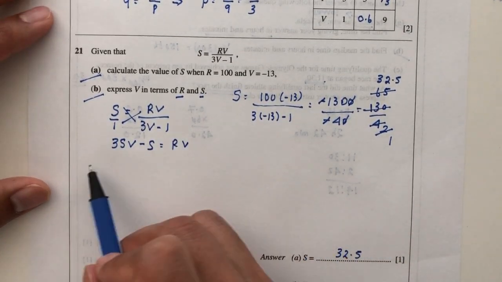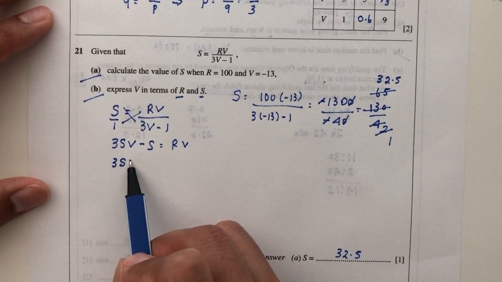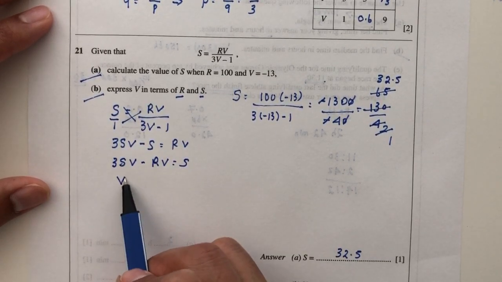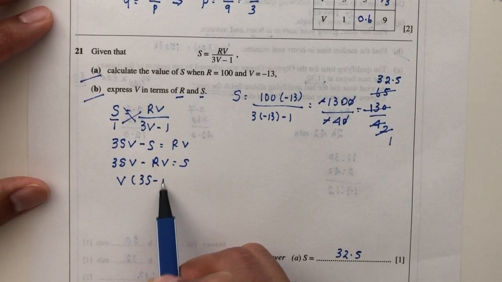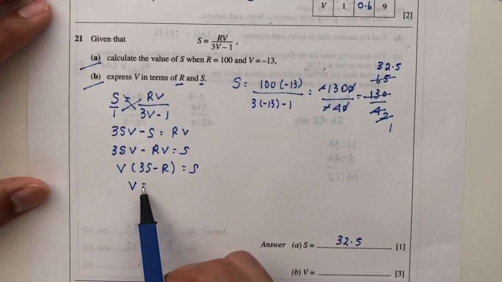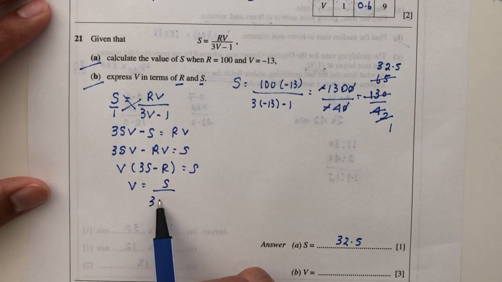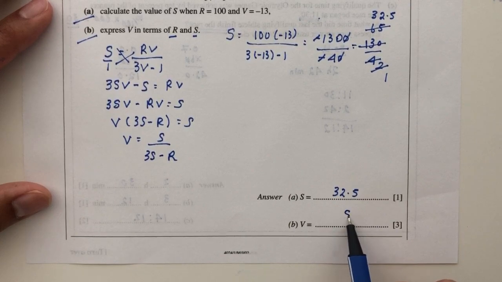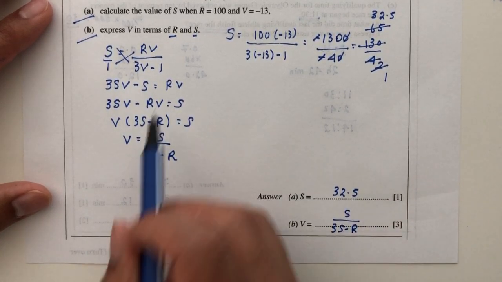Now you bring V to one side, you will have 3SV minus RV equal to S. You factorize V outside, you will have V times 3S minus R equal to S. Now V will be S divided by 3S minus R. So V in terms of R and S is S over 3S minus R.